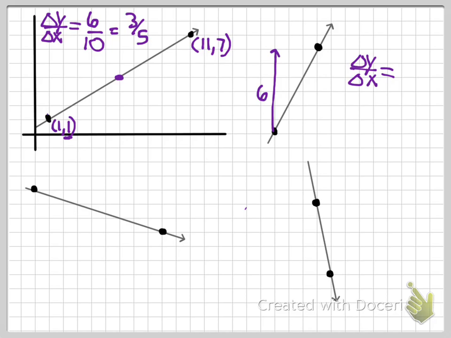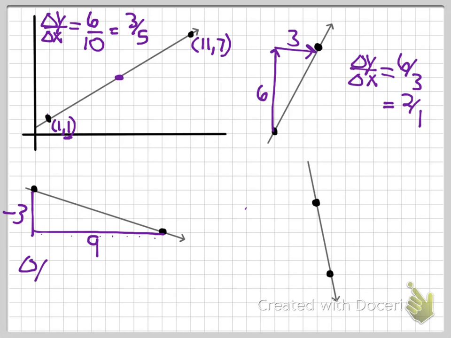Remember to count the boxes. We went up 6. We went 3 to the right, so that's 6/3, or 2 over 1. So I went up 2 for every 1 I went to the right. We come down here. We went down 3. Now we have to pay attention. We go down 3, that's a -3 direction, and we went over 9.